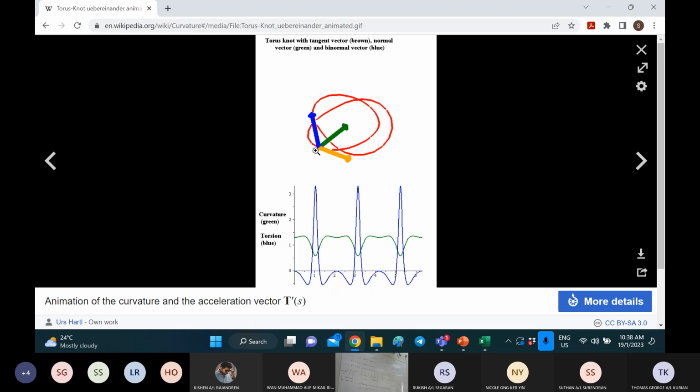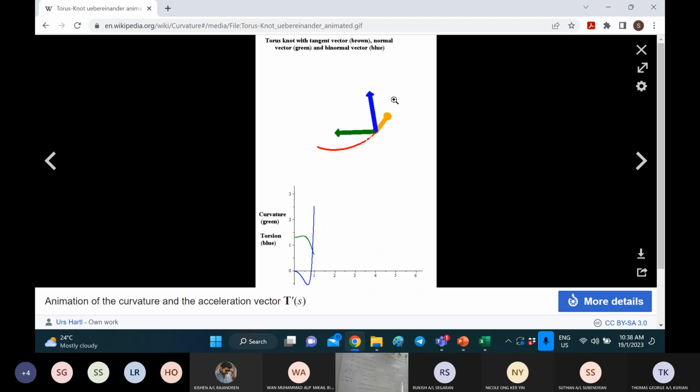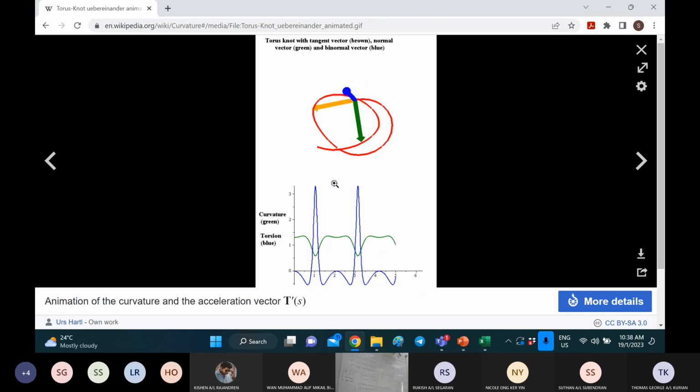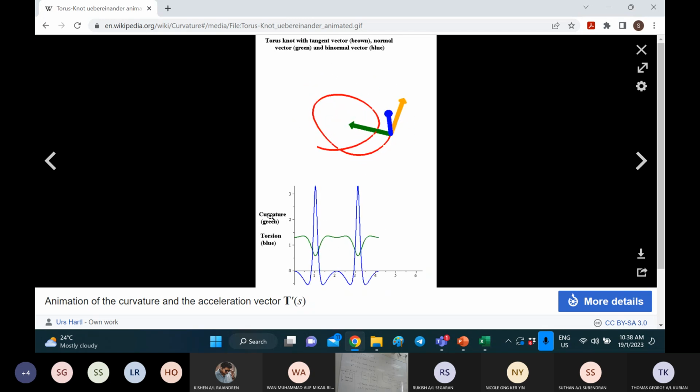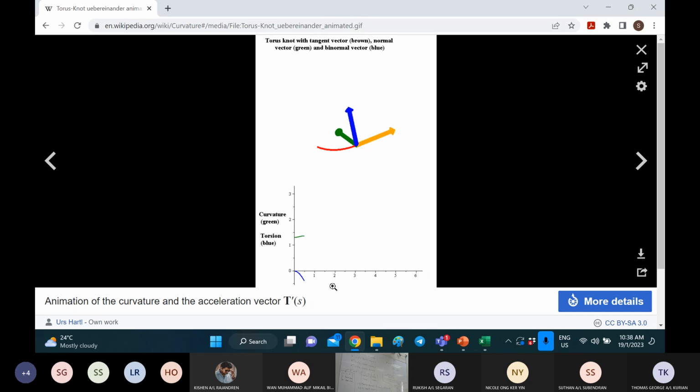If you look at this as the moving direction, it keeps turning to the left. That means the torsion will always be positive, right? Now when this is moving, it also shows the curvature in green. This is curvature, and the one in blue is torsion.